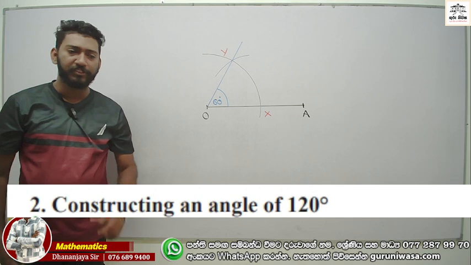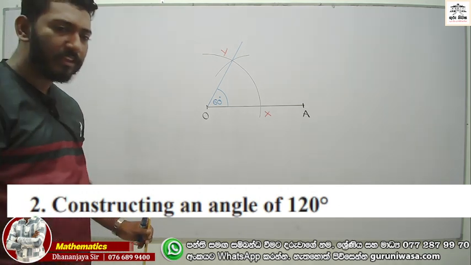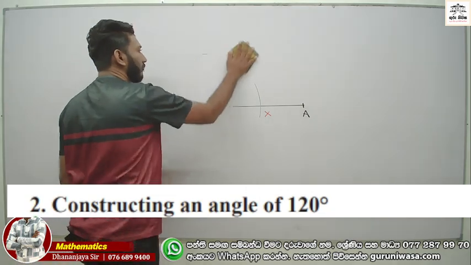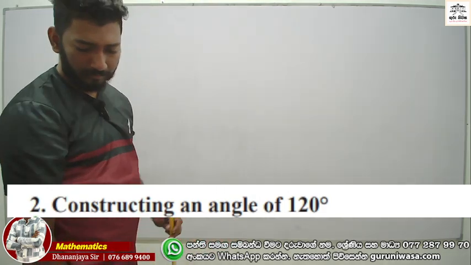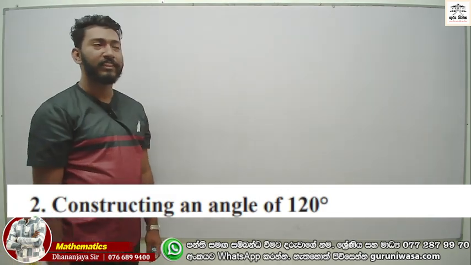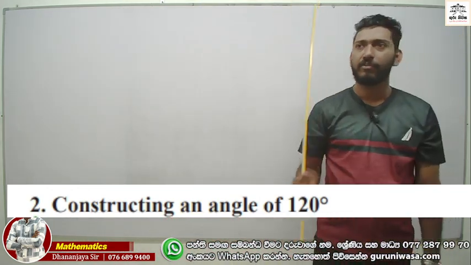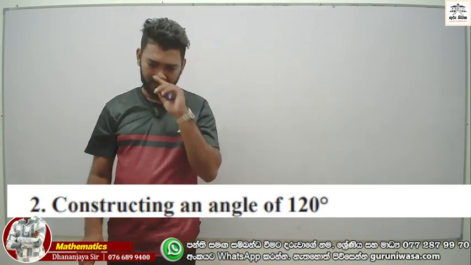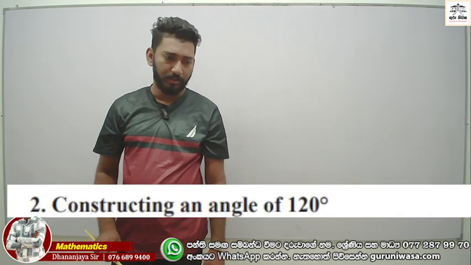Now I am going to construct a 120 degree angle. Now we are going to draw 120 degrees without using a protractor.